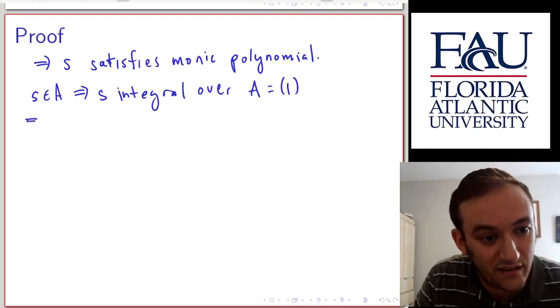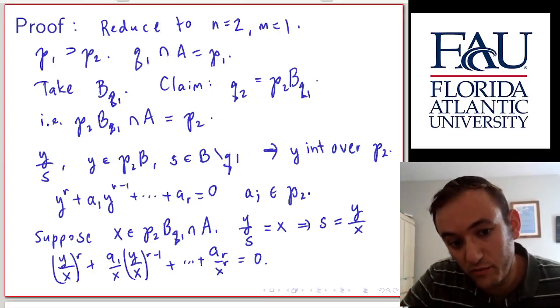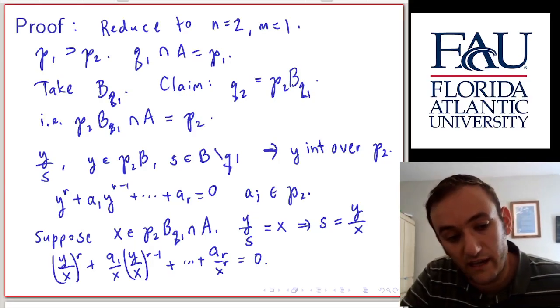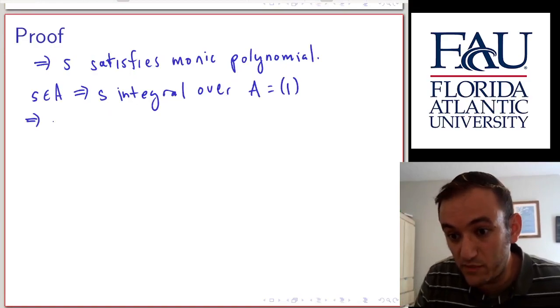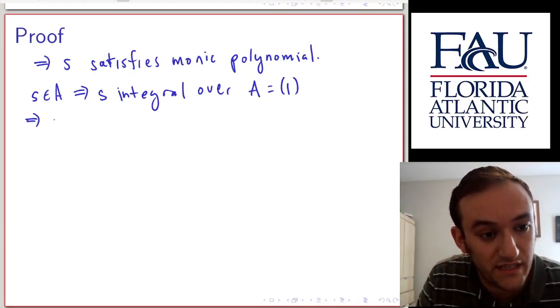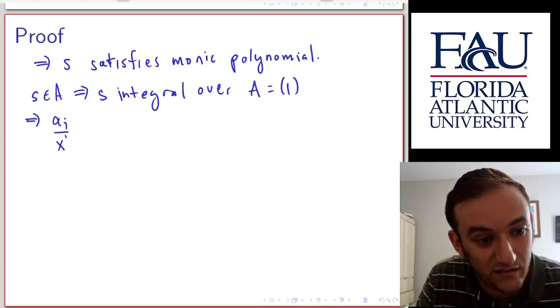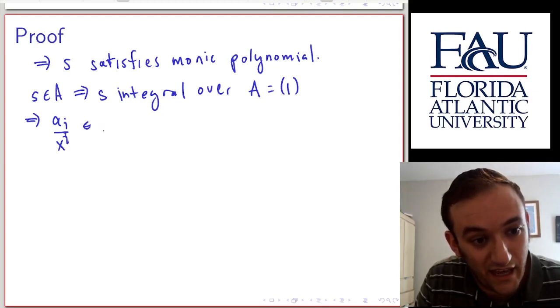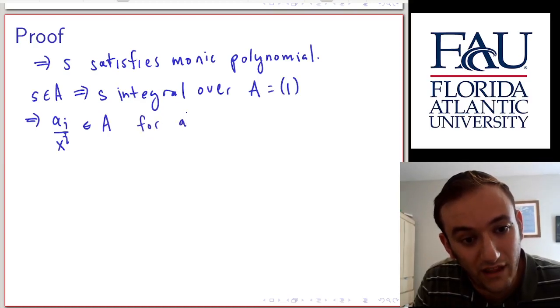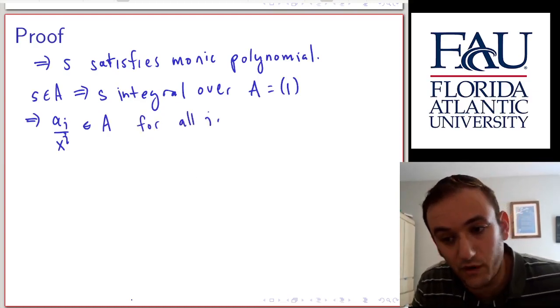So that means that this minimal polynomial that it satisfies, this monic polynomial, has to have all of its coefficients be in this ideal. So this means that ai over x to the i is in A for all i. Okay.